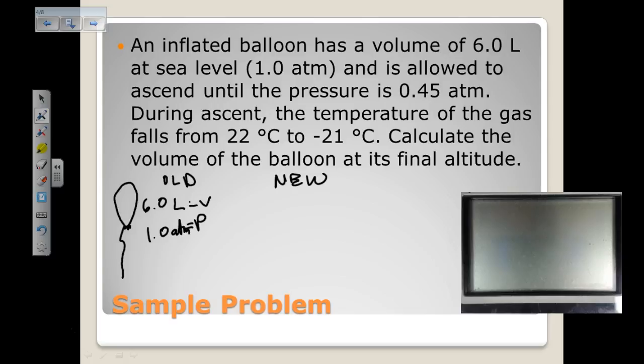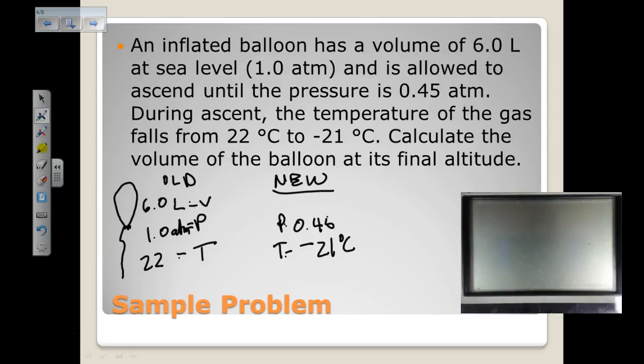The new pressure is 0.45 atmospheres. And we'll notice that the temperature also changes from 22 to negative 21 degrees Celsius.